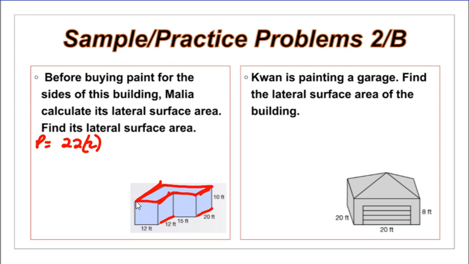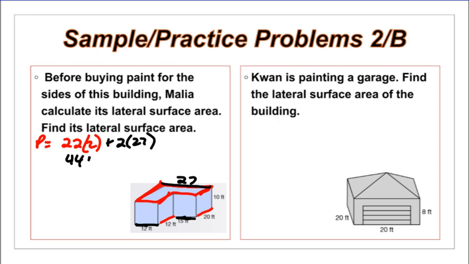And then for this side, we would add 12 plus 15, which is 27. So plus 2 groups of 27, because we have the 12 here and the 15 here. So we have our 4 sides. 2 times 22 is 44.